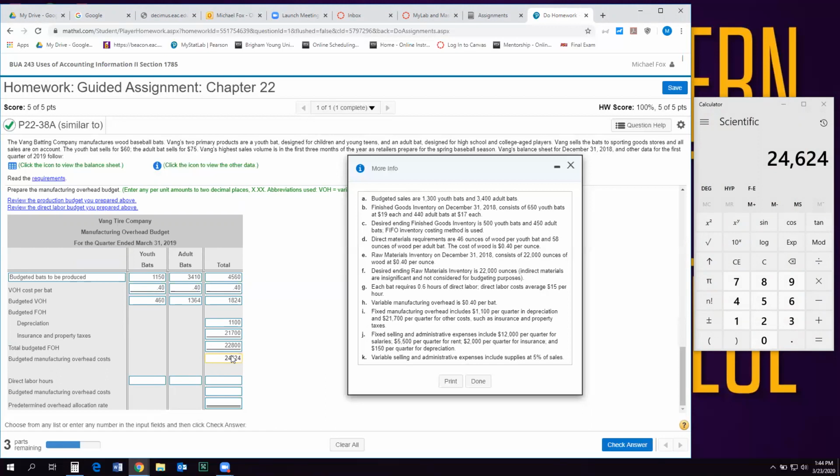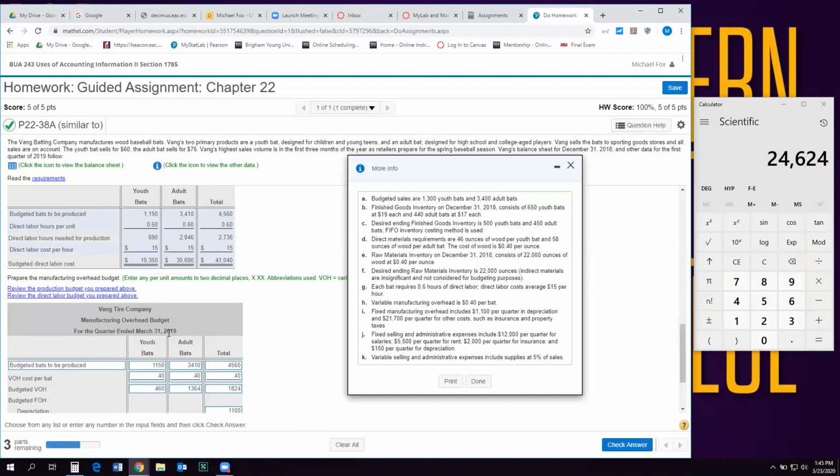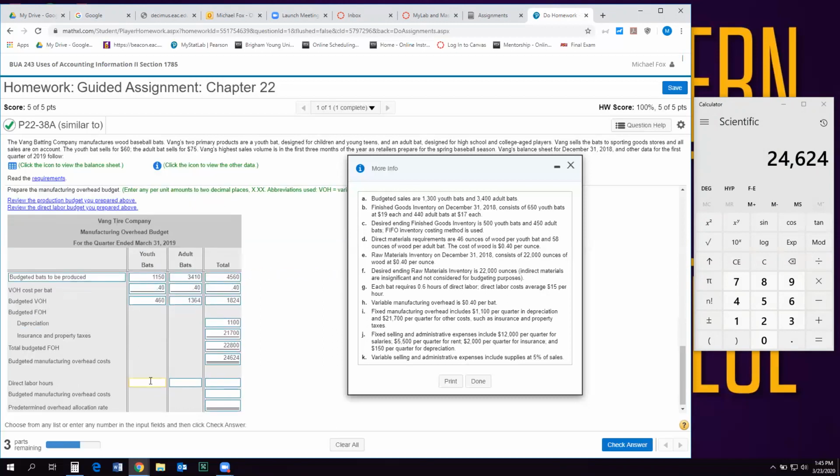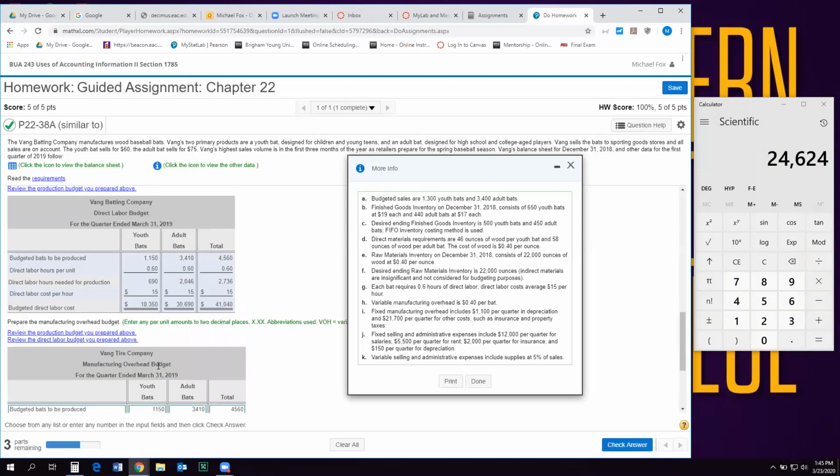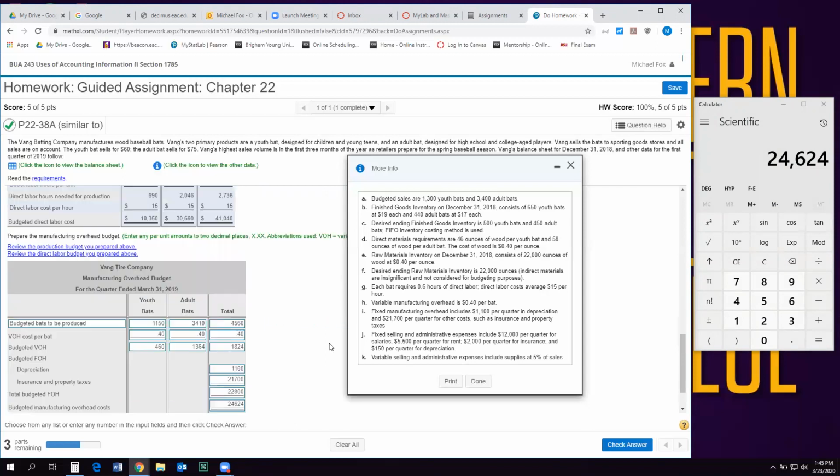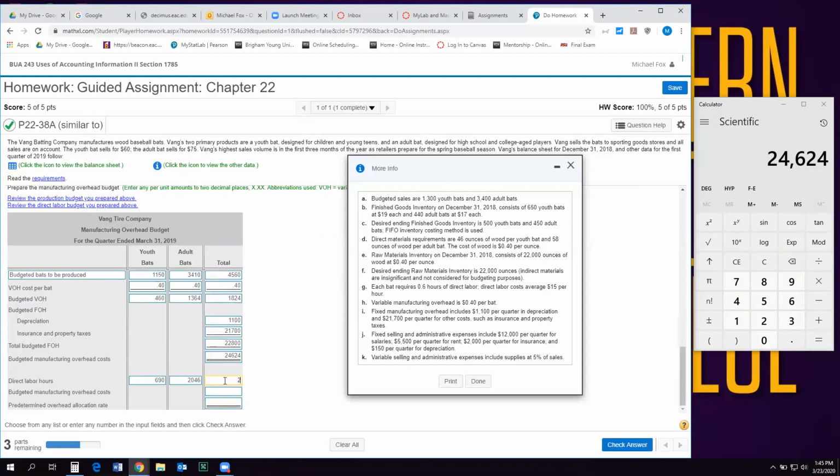Our direct labor hours, let's see where we found those, are right here. So 690 for the youth bats and 2,046 for the adult bats. And those added up are 2,736. And then our budgeted manufacturing overhead costs are this 24,624.